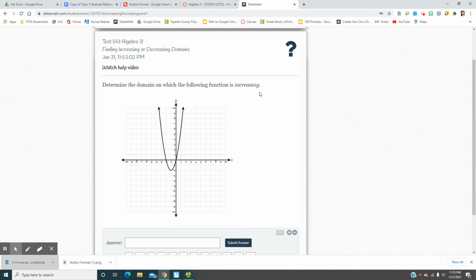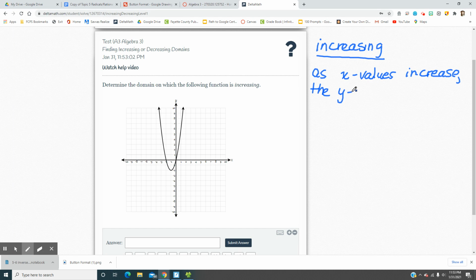So let's talk about first what it would mean for a function to be increasing. A function is increasing if, as the x values increase, the y values also increase.